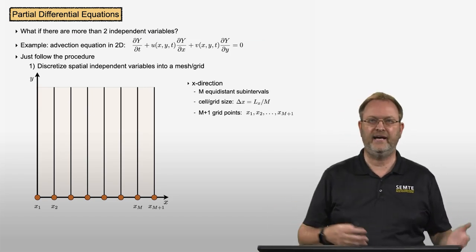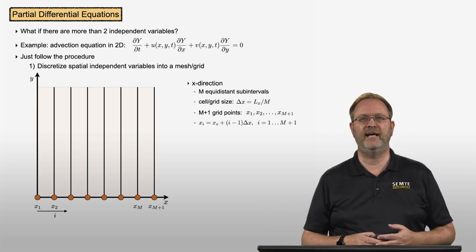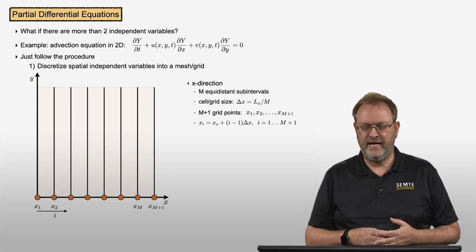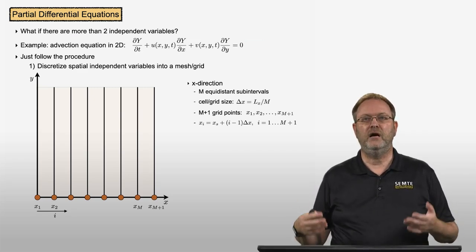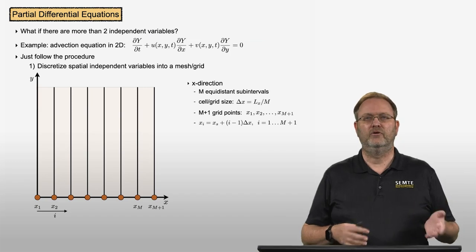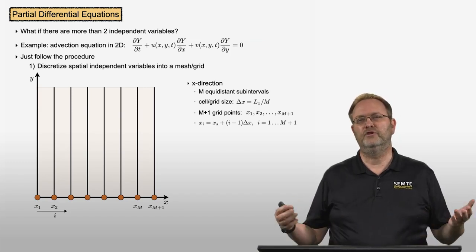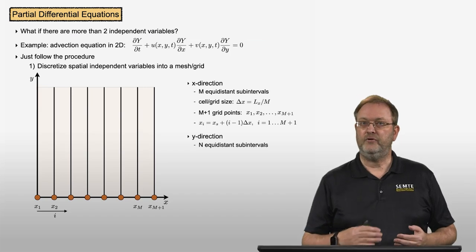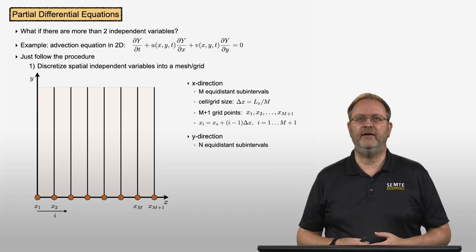These points are x1, x2, all the way to x_{m+1}, and their coordinate can again be calculated as the start coordinate plus i-1 times delta x, and i will go from 1 to m+1, or you can just use the linspace command.